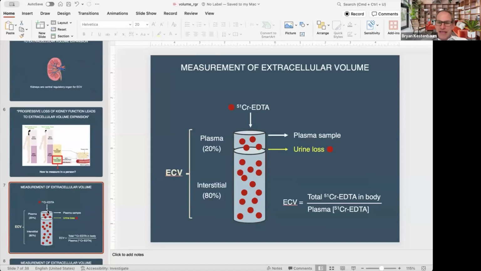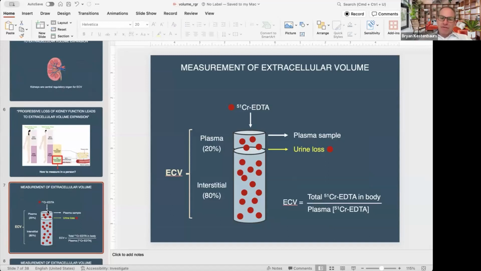The way it's done is you find a tracer that distributes within this extracellular fluid, and there are many. In fact, many of the things we use to measure kidney function, like iohexol, iothalamate, chromium EDTA, a lot of drugs, they distribute purely in the extracellular volume.